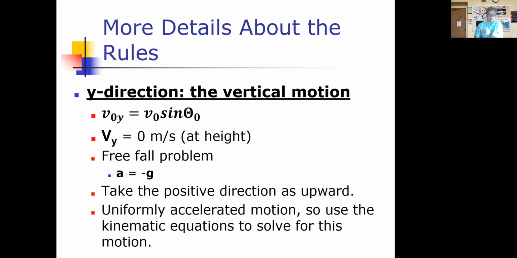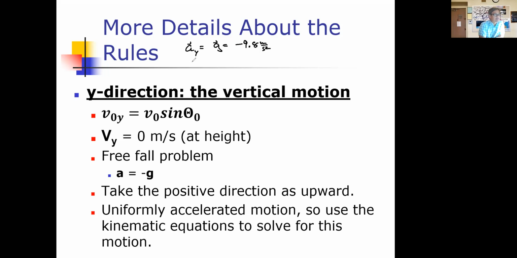First of all, with the vertical motion, we have an acceleration. The acceleration along the y is essentially going to be the gravitational acceleration, and we know that to be negative 9.8 meters per second squared.